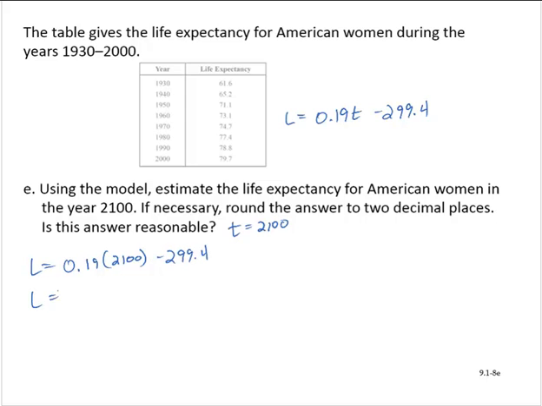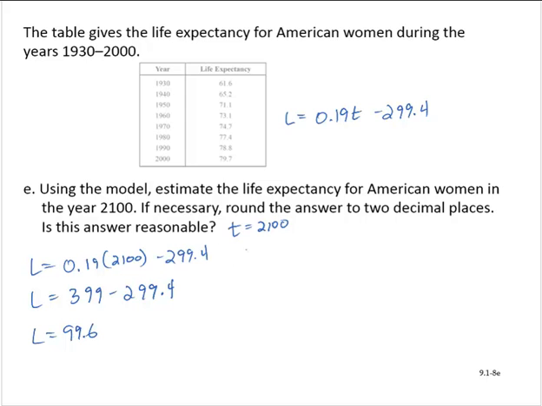We'll go through the arithmetic. 0.19 times 2100 is 399, minus 299.4, it's 99.6.